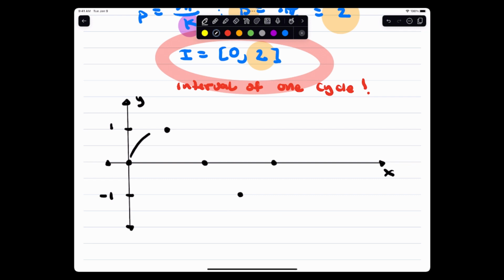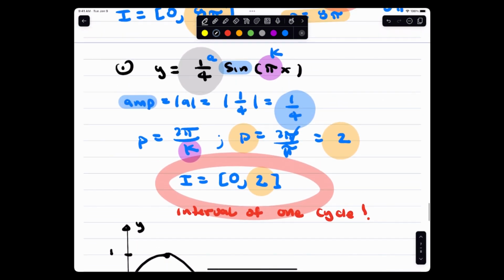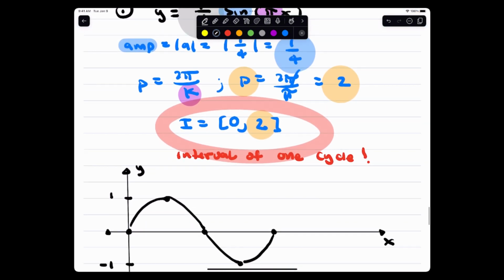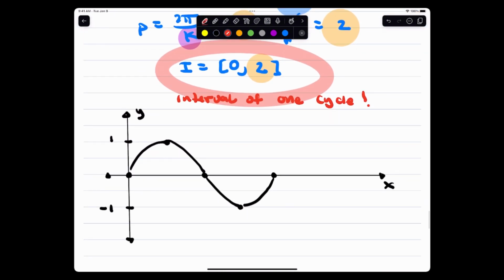So I'm just going to remind you guys, generally speaking here, just by sketching this, when you think of sine, I want you guys to think of this. And you go, oh, okay. But this is what they call what? One cycle of sine, okay? Because sine is periodic. This is one cycle.